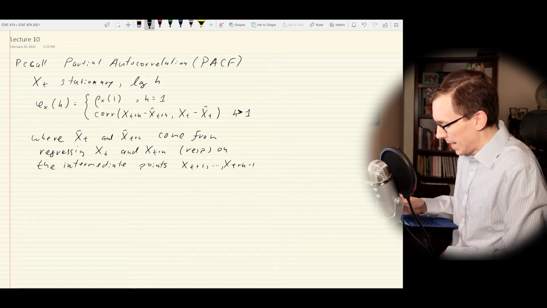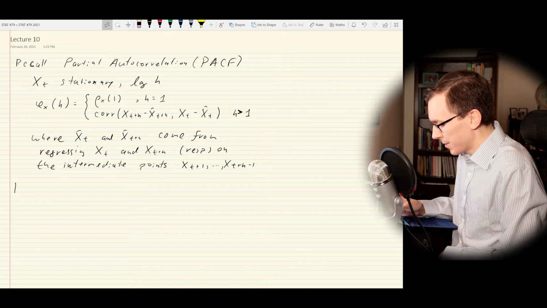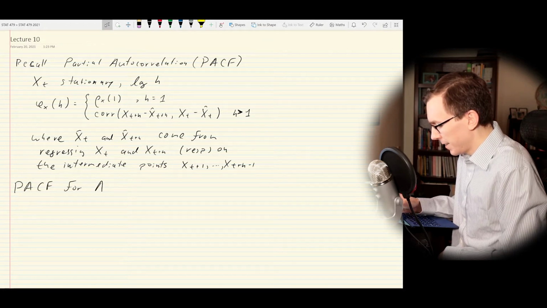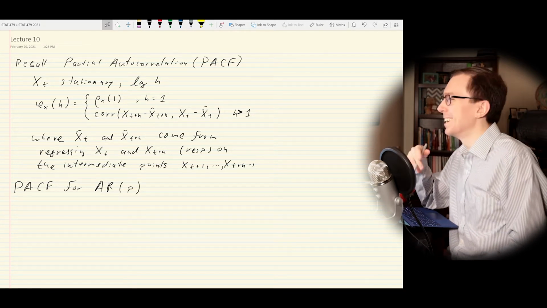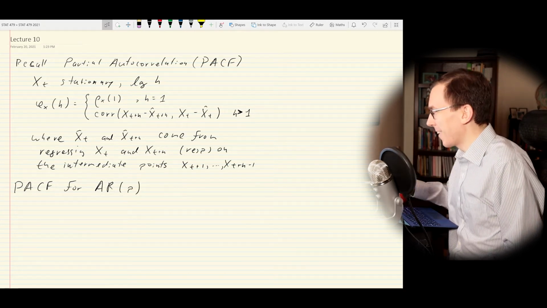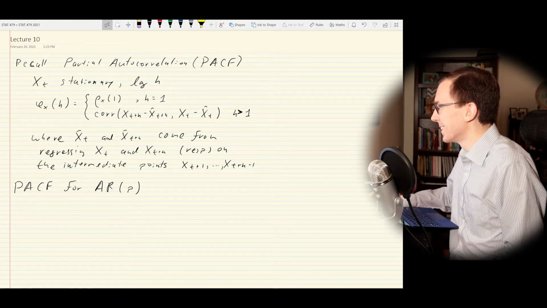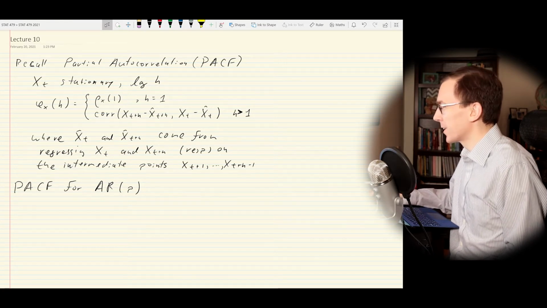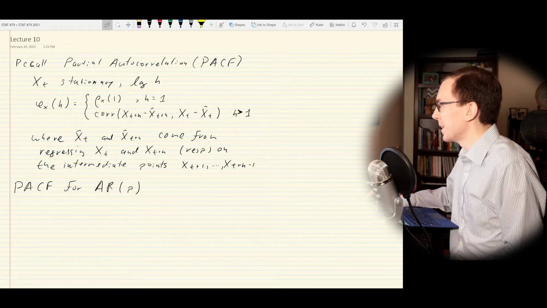So now what we're going to do is compute the PACF for the AR(p) process, continuing our alphabet soup here of various time series jargon acronyms.